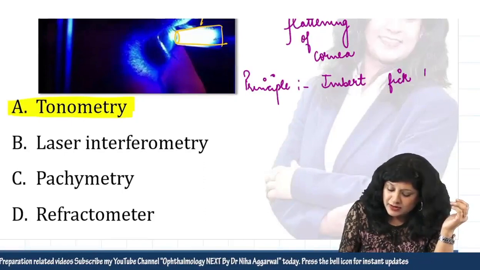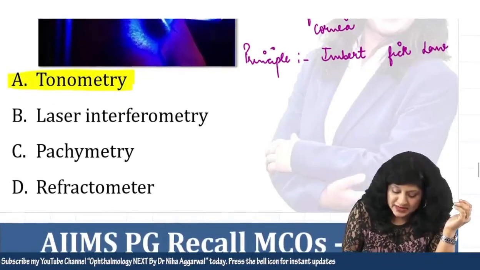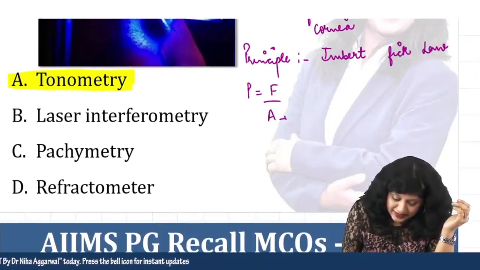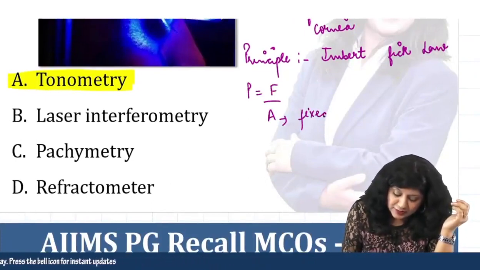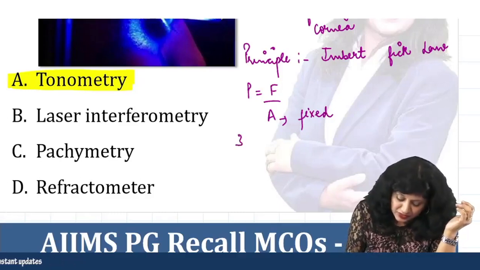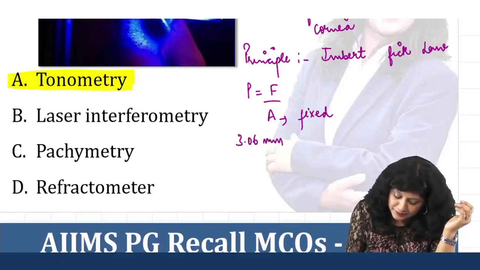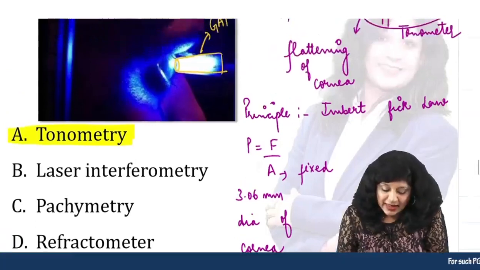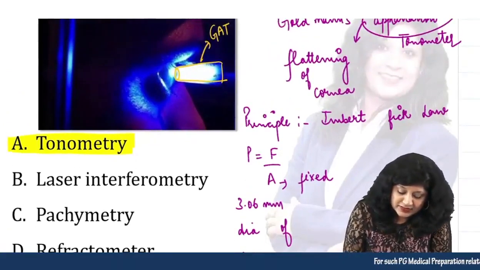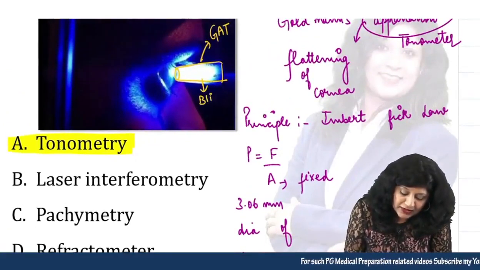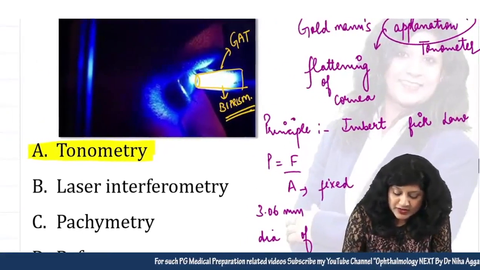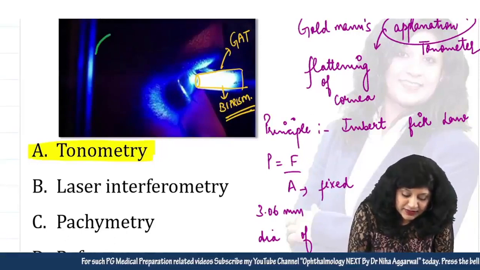It has the Imbert-Fick law, which says that the pressure is equal to force upon the area, and area is fixed here. So, it is a variable force tonometer. Area is 3.06 mm diameter of the cornea. This is a fixed area tonometer, and this probe that you can see here consists of the biprism, due to which you are able to see the split circle.